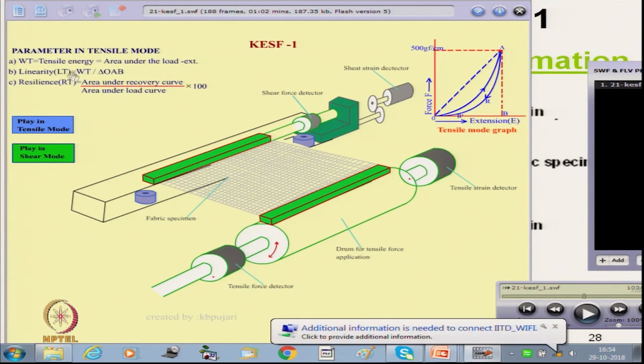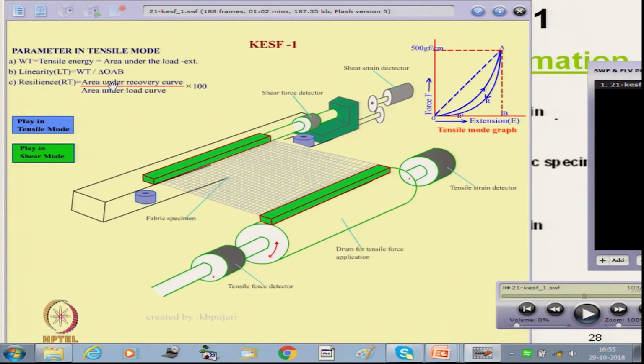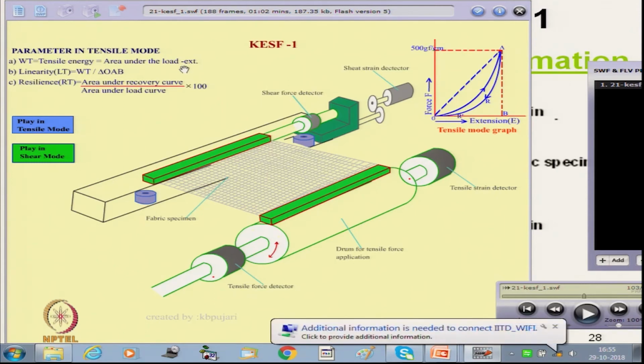That means if the curve is linear, then the value of the linearity LT would have been 1, and as WT is less than the area of this triangle, the LT value will be less than 1. So, from there we can get an idea about the linearity of the curve.